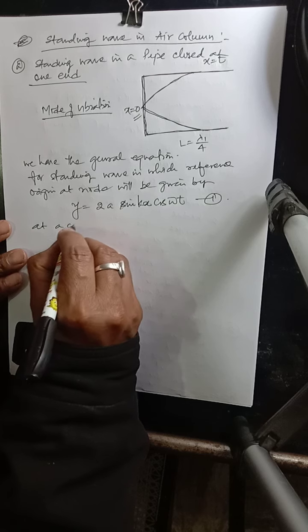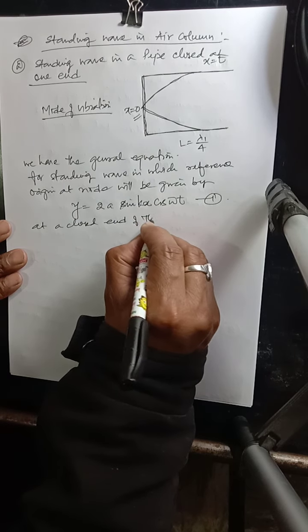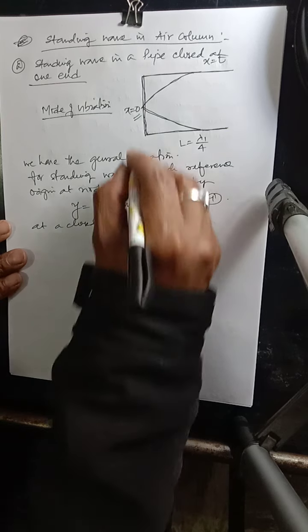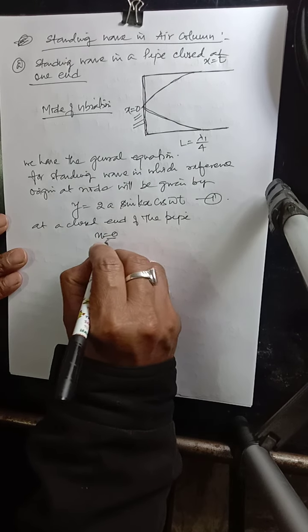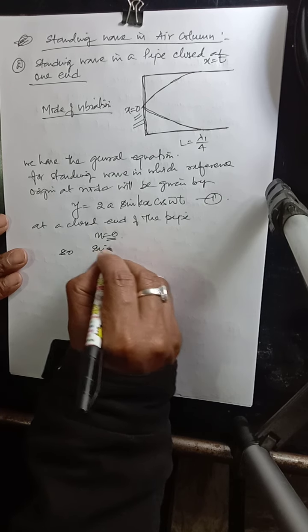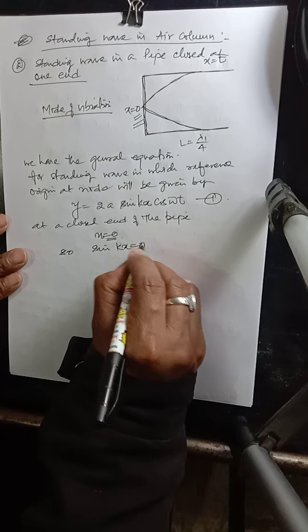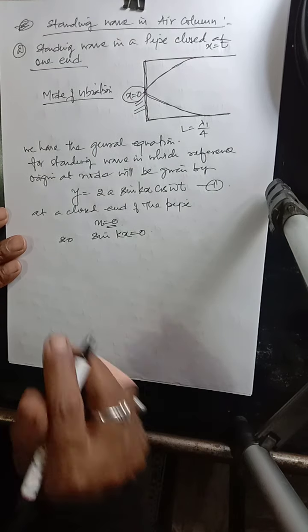At a closed end of the pipe, this end, here x is equal to 0, which means sin(kx) becomes 0 because at this point the value of x is 0.